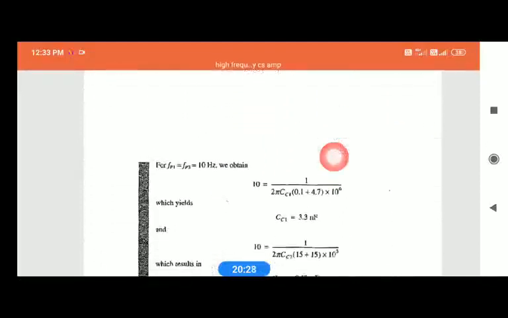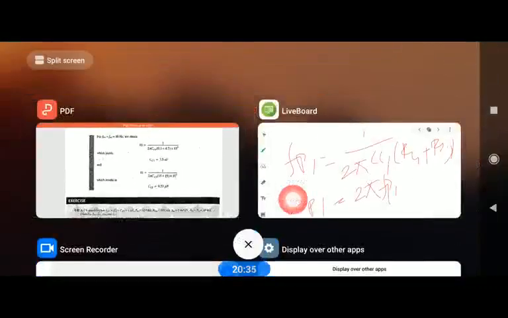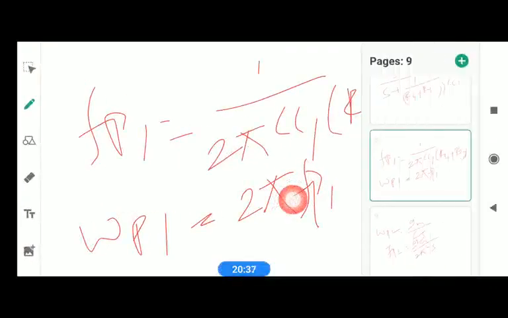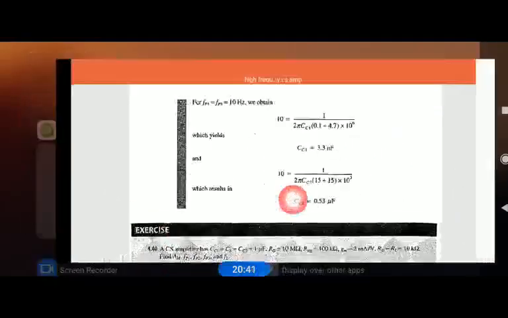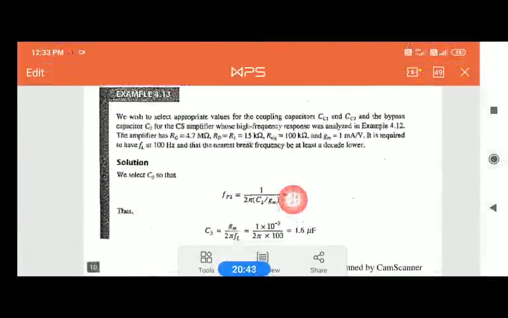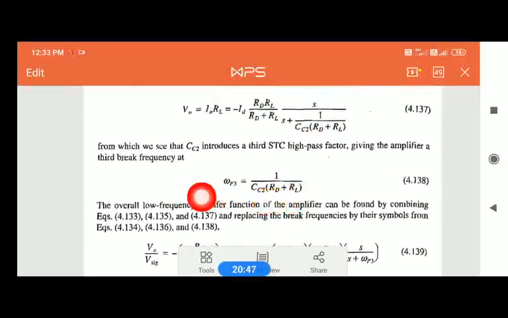To calculate the CC2, use the formula for FP3, which is given here: omega P3 is equal to 1 divided by CC2 times the resistance. So FP3 is equal to 1 divided by 2 pi into CC2 times Rg plus R signal.